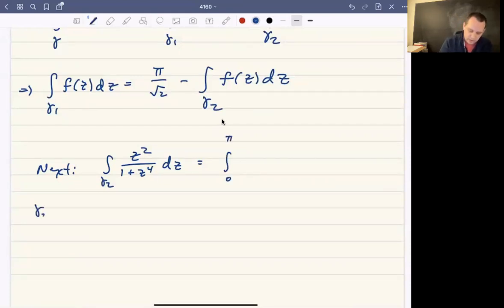Our gamma 2, by the way, is going to be r e to the it as t goes from 0 to pi. So this is going to be r squared e to the 2it over 1 plus r to the 4th e to the 4it times the derivative, times gamma prime.